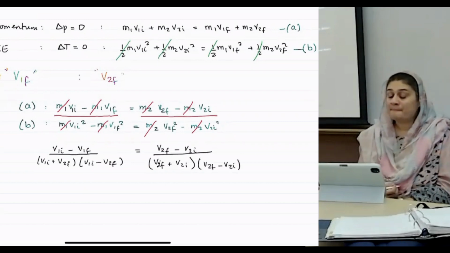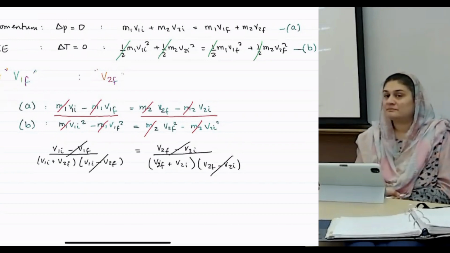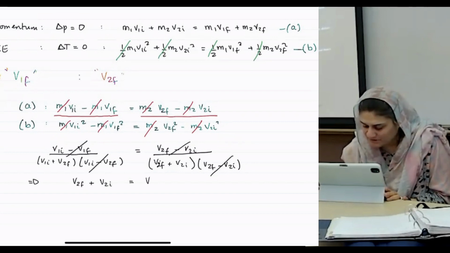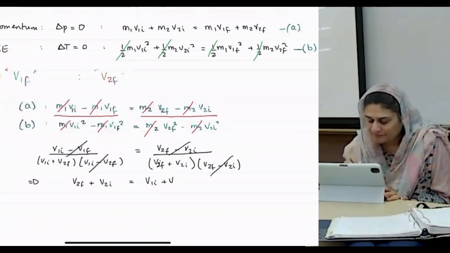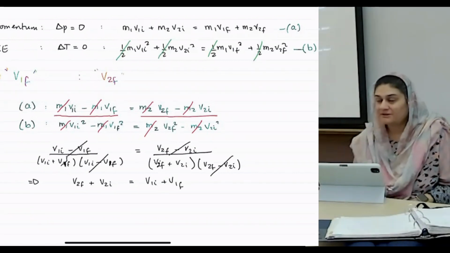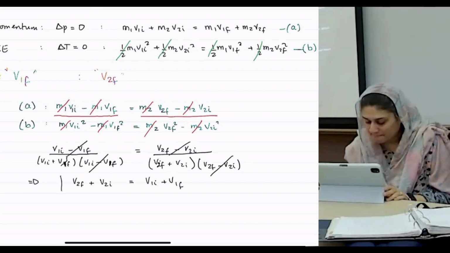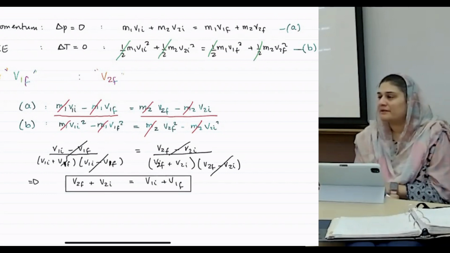So far, so good? Will this cancel? And will this cancel? May I rearrange and write this as V2F plus V2I equals V1I plus V1F. There were ones on one side and 2s on the other side. So far, so good. I haven't done anything complicated yet.